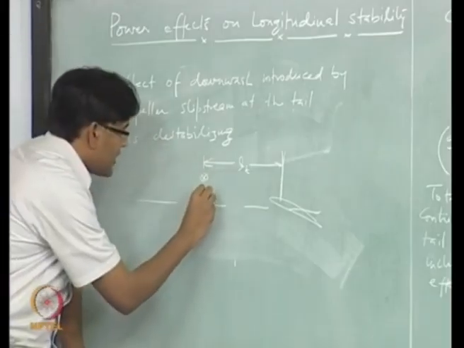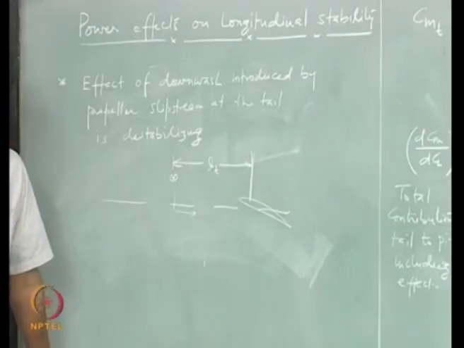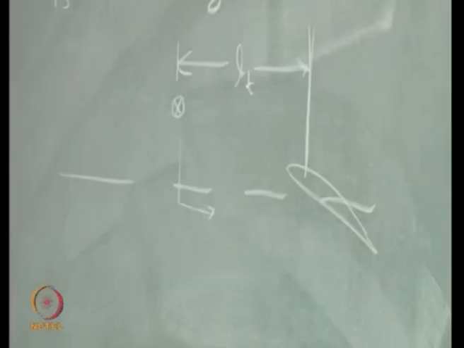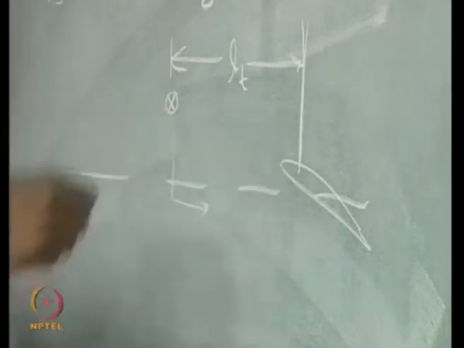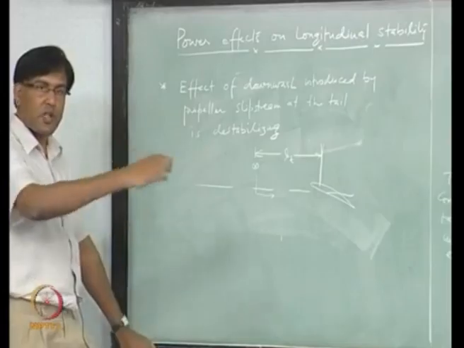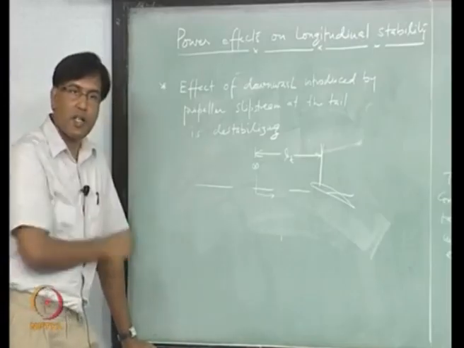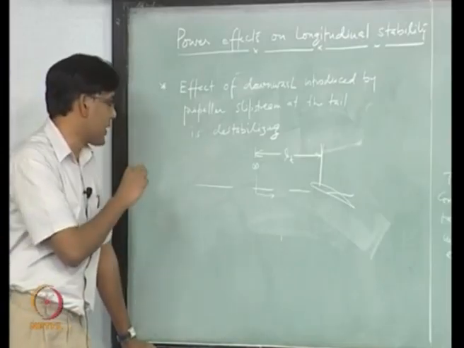If you move the CG in this direction, what will happen? There will be more destabilizing effect from the wing, right, because you are moving this CG towards the tail, away from the aerodynamic center of the wing.